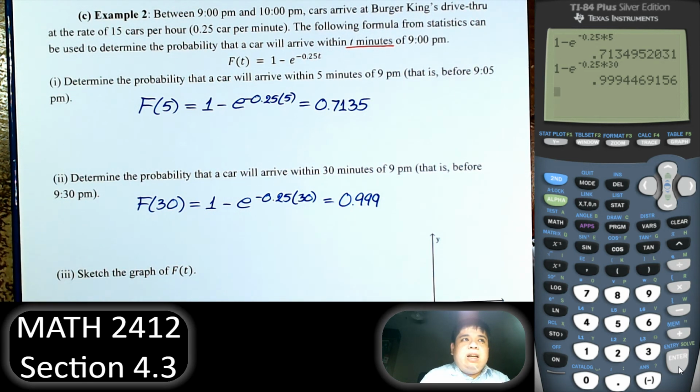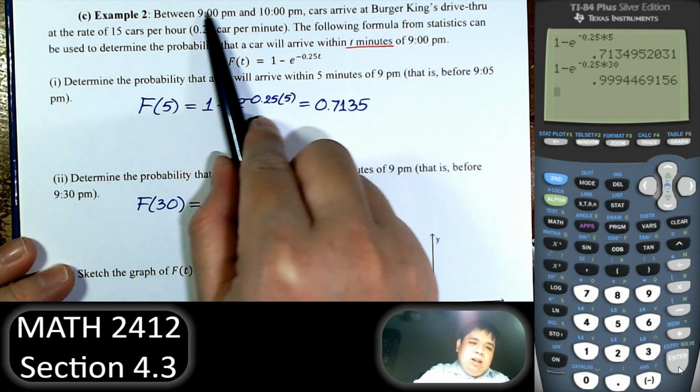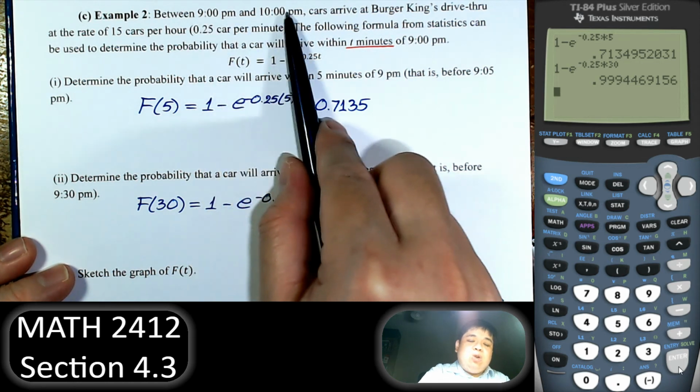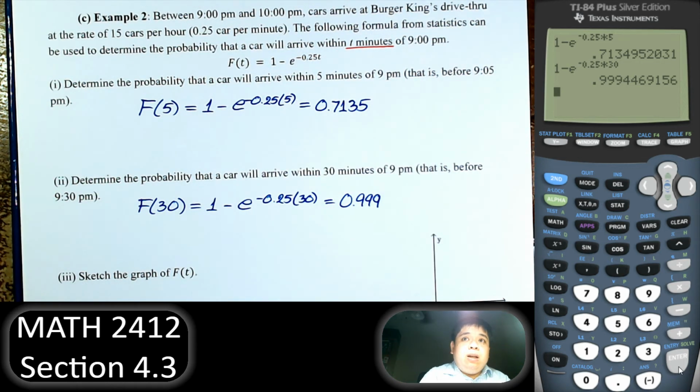Think about this. If we have 15 cars randomly go through the drive-thru from 9 to 10 p.m., in the first half an hour, 99.9% of the time, one of the cars has to go through it. Does that look reasonable?